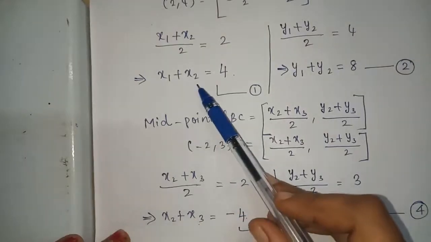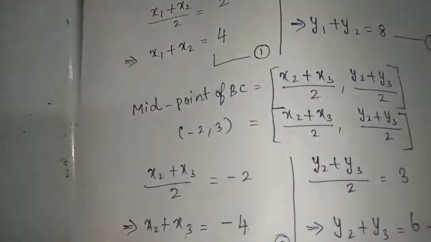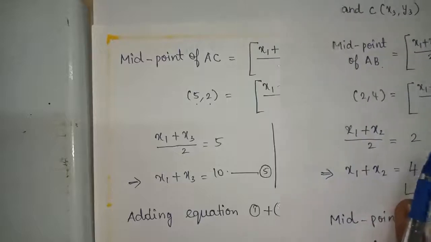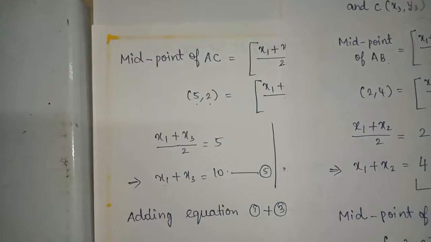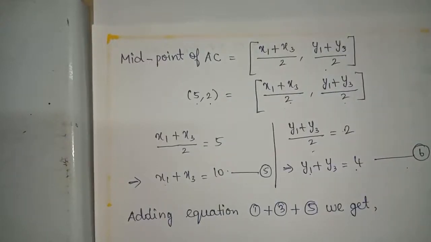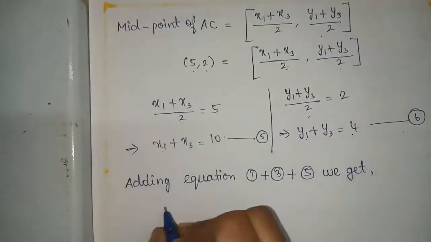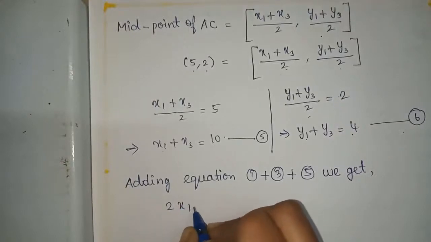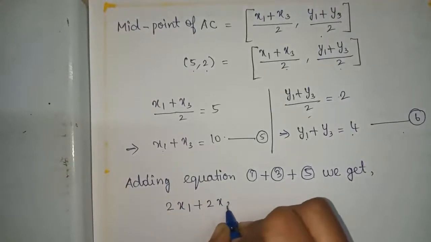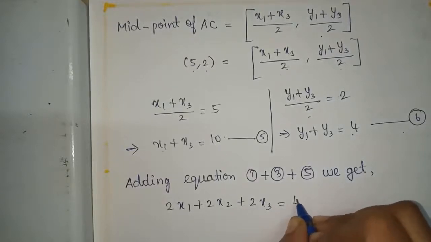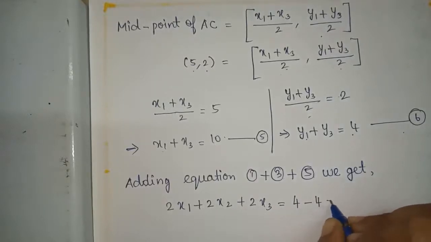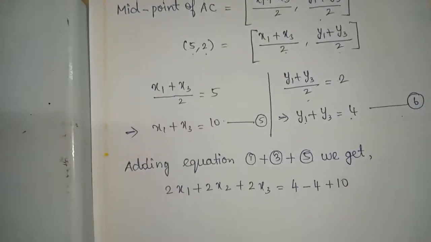Comparing with the fifth equation, x1 plus x3 is equal to 10, x1, x2, x3 are each repeated 2 times. So we get 2x1 plus 2x2 plus 2x3 is equal to 4 minus 4 plus 10.